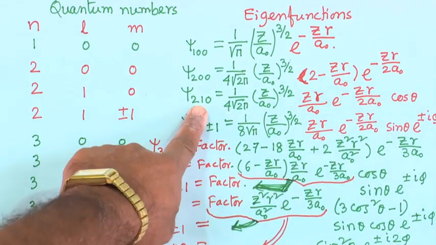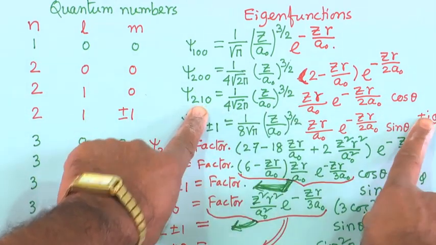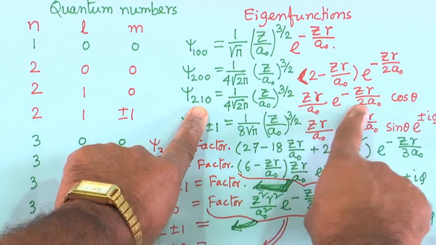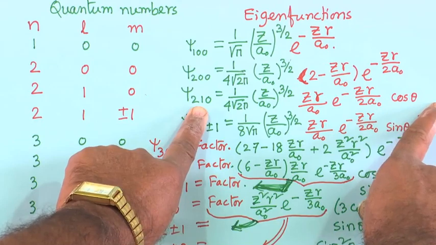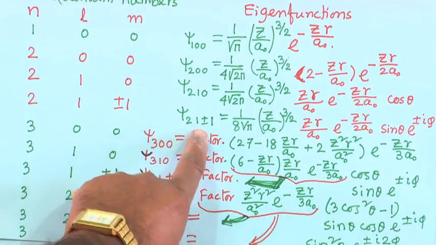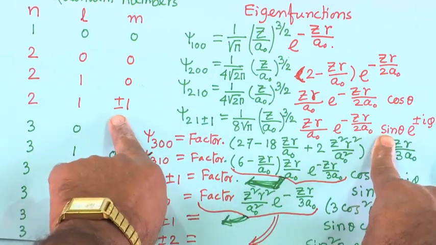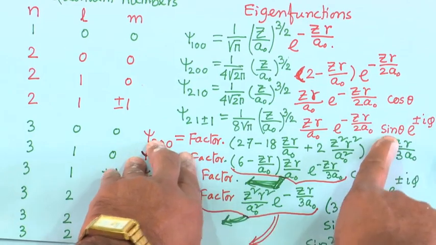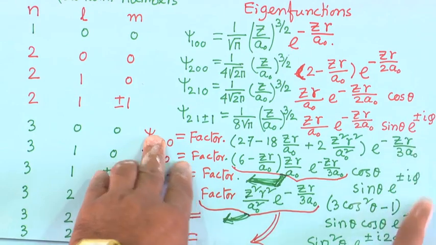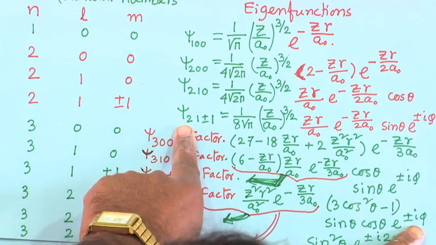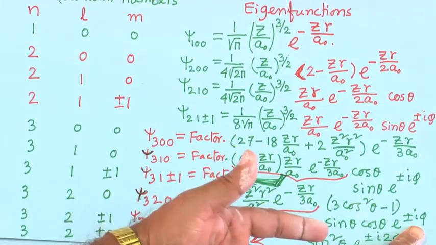But this one is the p orbital, L equal to 1. The p orbital has r dependence, but it also depends on theta, but is independent of phi. And when M L equal to plus minus 1, it has theta dependence as well as phi dependence. So, for L equal to 0, it is independent of theta and phi.